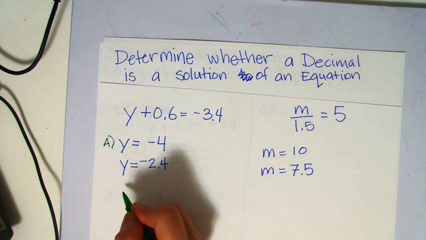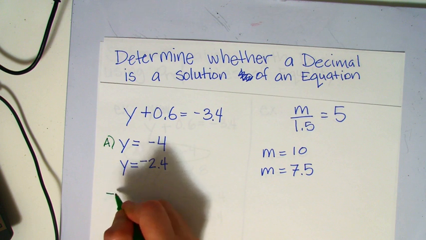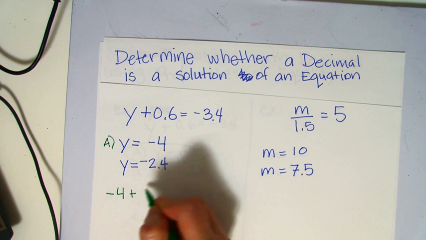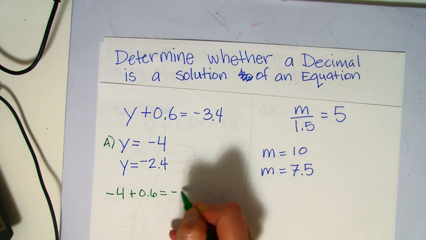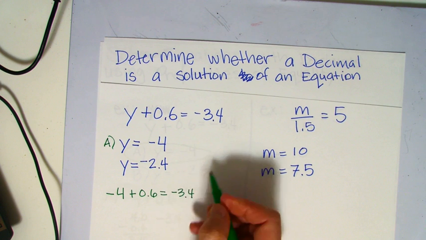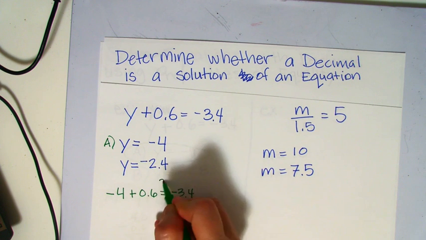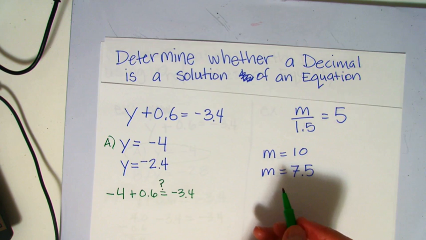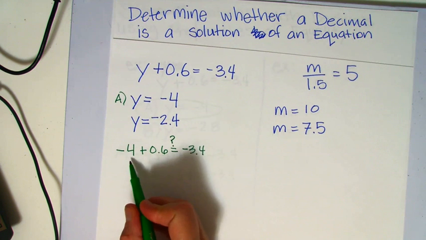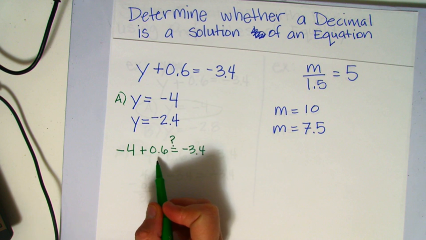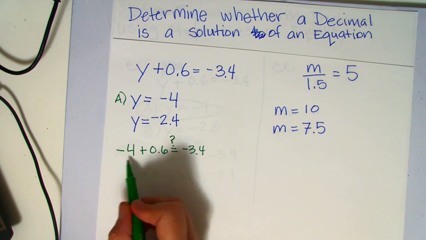When I substitute -4 for y, I get -4 plus 0.6 equals -3.4. Remember, we're trying to figure out if this is the solution. Because I'm adding a negative with a positive, I'm really going to subtract, and my sign is going to be a negative because the larger number is a negative.